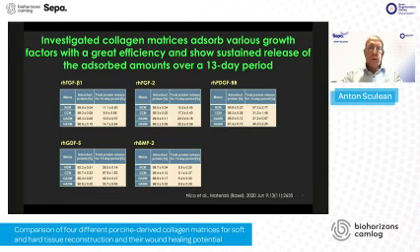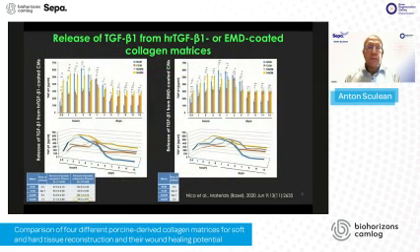If you look at the screen now, you see 5 different tables regarding the concentration of the various growth factors I mentioned before, and you will see that all 4 matrices have this property. They absorb the proteins very fast, up to 90 or 99%, and they release these growth factors over a period of roughly 13 days.